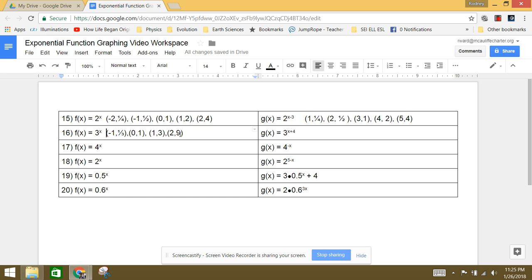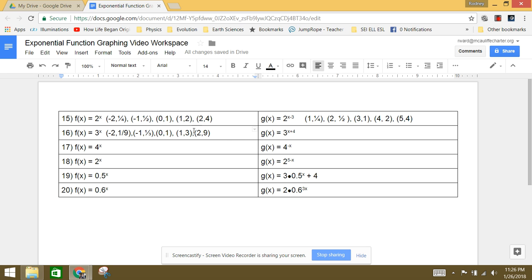The reciprocal is, if I flipped 9 over 1, I get 1/9. So I've got negative 2 is my x value, and then 1 over 3 squared is 1 over 9. And there we have 5 points.